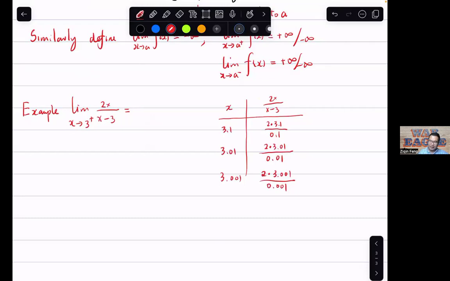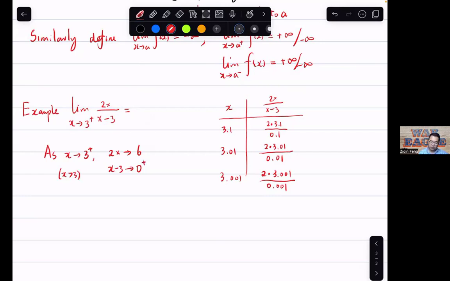If you analyze it in a more algebraic way, as x goes to 3 on the right side, the numerator 2x goes to 6, and x minus 3 goes to 0. Because x goes to 3 on the right side, x is always greater than 3, so x minus 3 is getting closer and closer to 0 from the positive side.